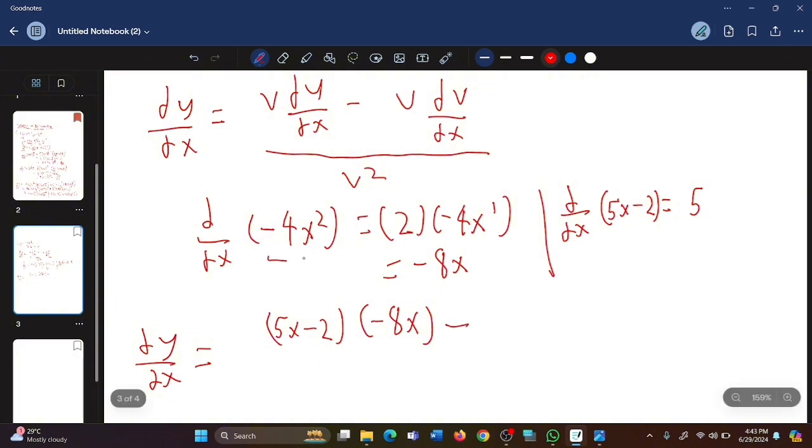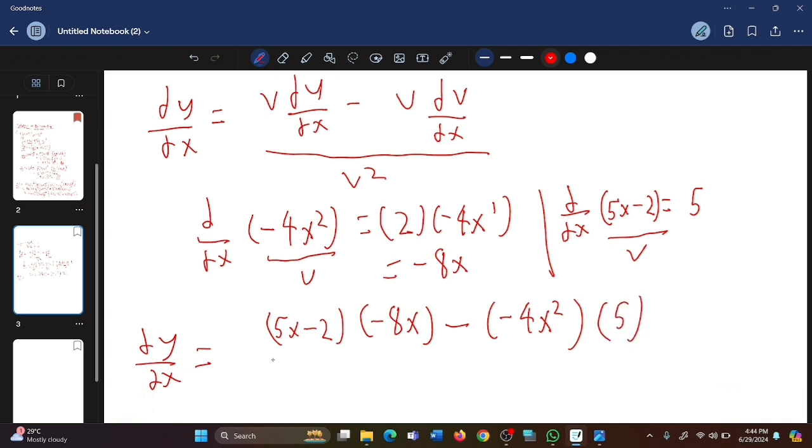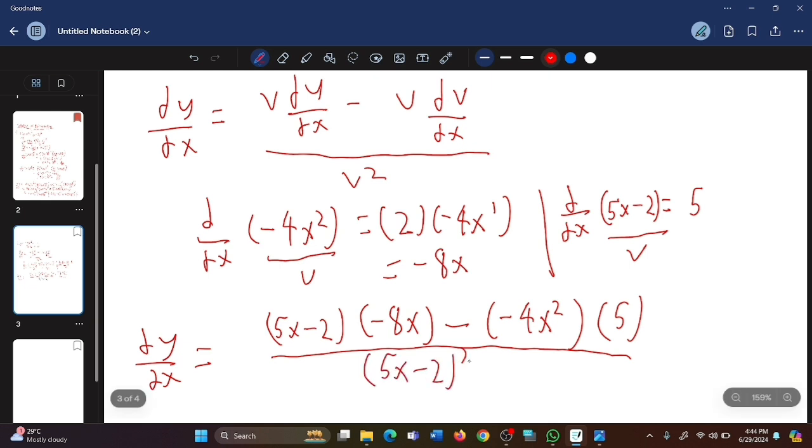Minus 4x squared. Then we write dv by dx. What is dv by dx? It's 5. Then we divide the entire thing by v squared. V was 5x minus 2. So we divide by 5x minus 2 whole squared.